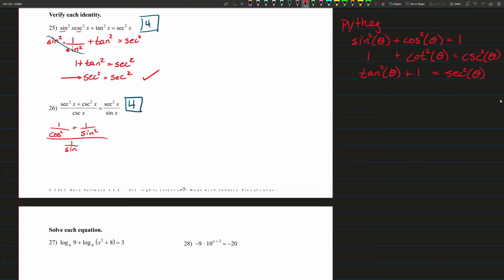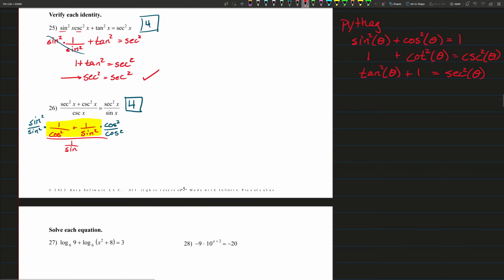And if we look at the left-hand side and try and add these two things, we have to multiply the left fraction by sine squared over sine squared, and the right one by cosine squared over cosine squared.